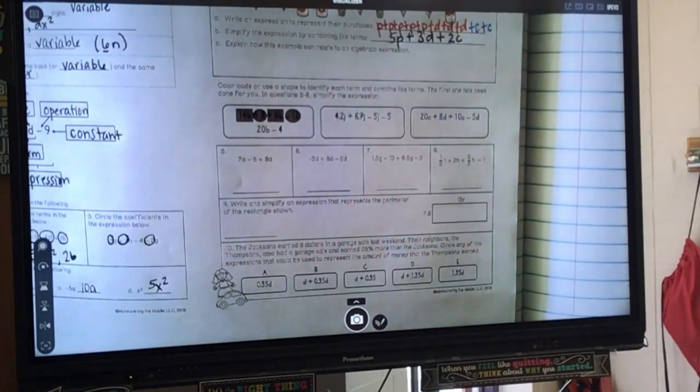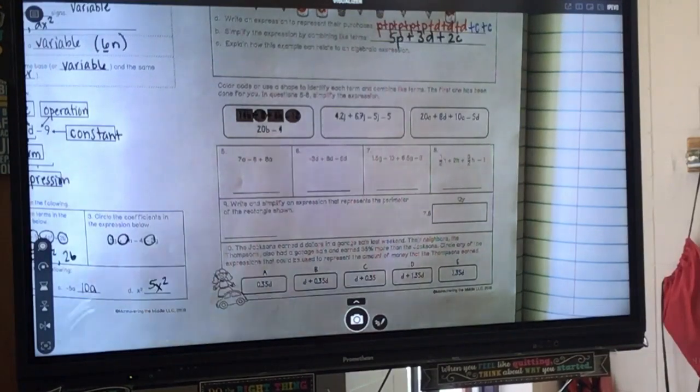The paper I just passed out is homework. You may use shapes or you may use color, but you cannot just circle. If you don't want to use color on your homework, that's fine, but you have to use shapes. I'm not requiring colors, but I am requiring that we can tell the difference.